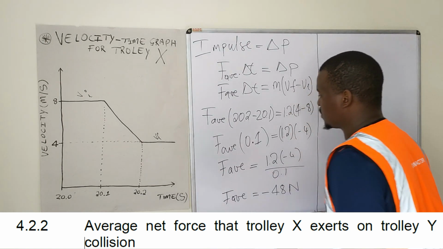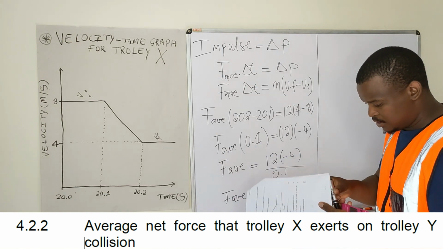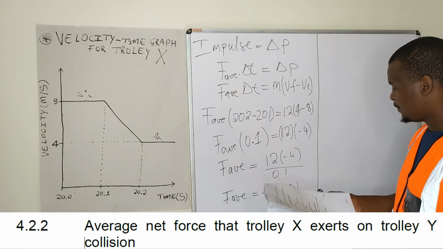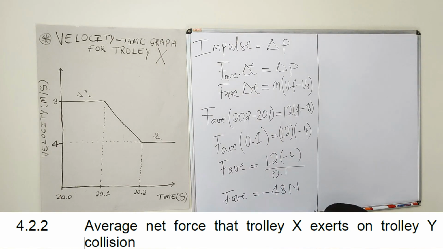So this is the average force exerted by trolley X on trolley Y. It's 48 newtons.